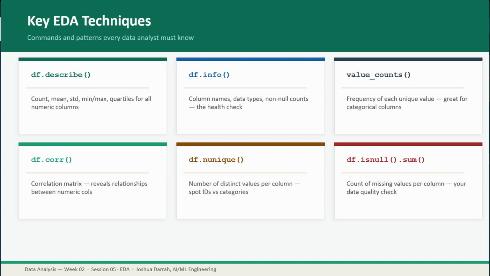Now, after that, we run the describe function to see the summary of the data set. Then we check the value counts. Then we analyze the correlations in the data, then investigate some outliers. Following this process ensures you never miss important information.